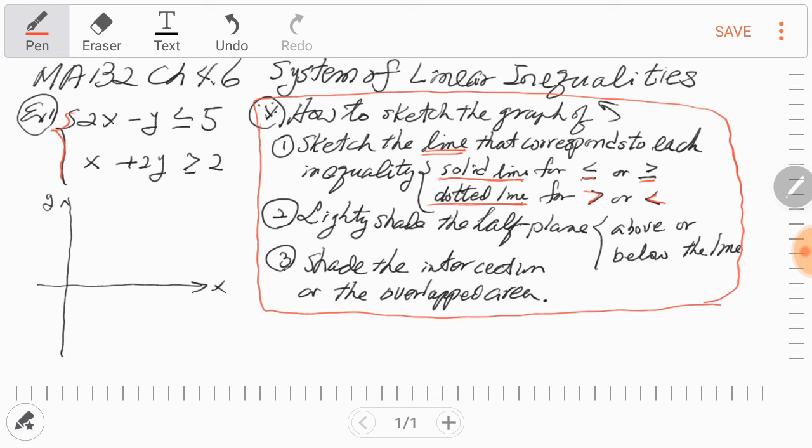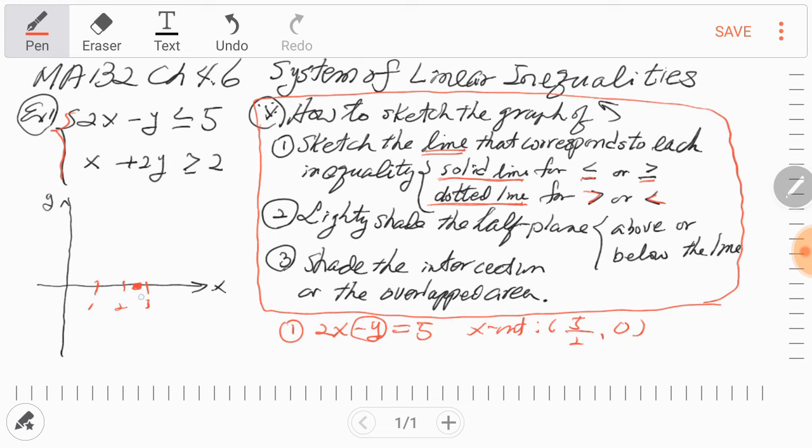So for the first inequality, let me write the equation first. Then from here, the x-intercept is when y equals 0. If y equals 0, then x equals 5/2, so 2.5.